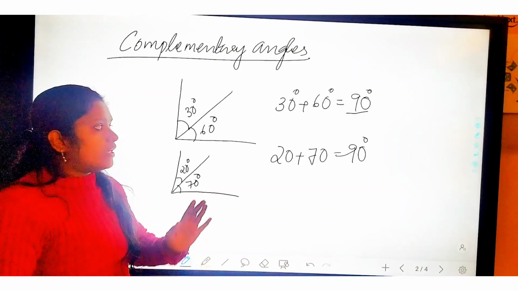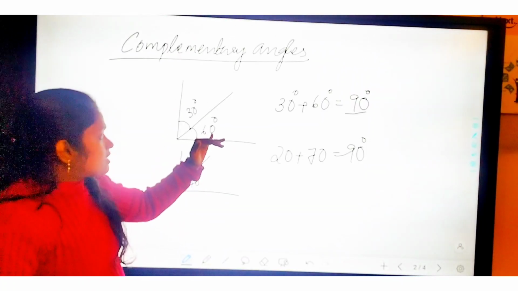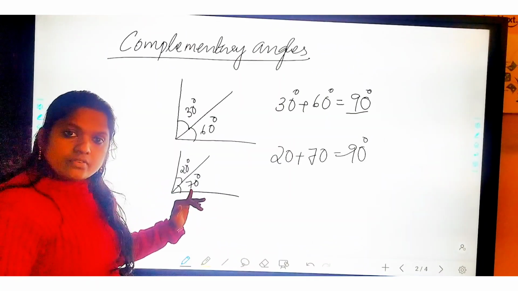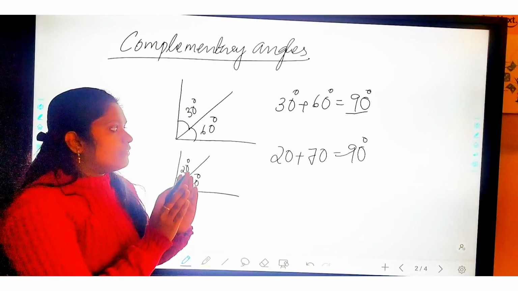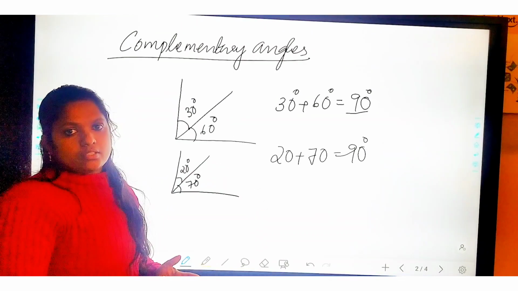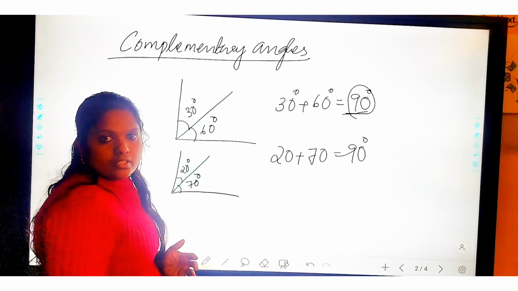That's the only thing. Then we can say that 30 is the complement of 60, 60 is the complement of 30, 20 is the complement of 70, and 70 is the complement of 20. If I give you one angle and you want to find the complementary angle, then we have to subtract it from 90.